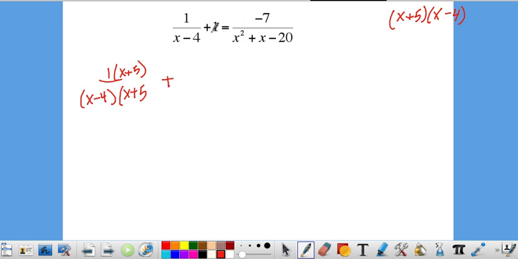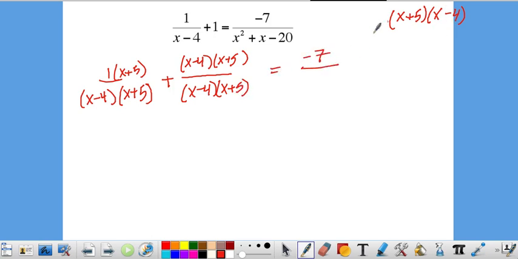Plus, when we're adding 1, we're just adding that denominator on top of itself. So x minus 4 times x plus 5 over itself equals negative 7 over, I'm just going to keep this written in that factored form, x plus 5 times x minus 4.